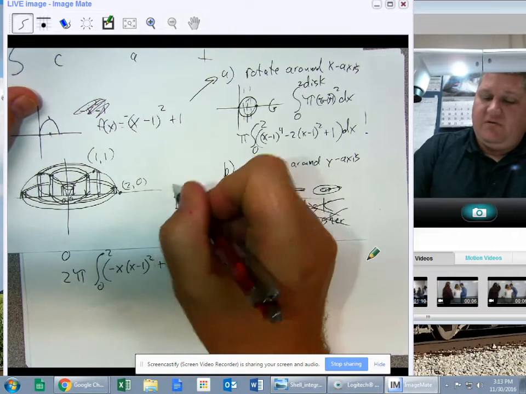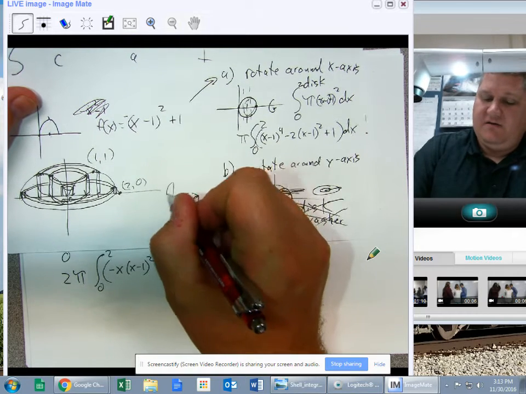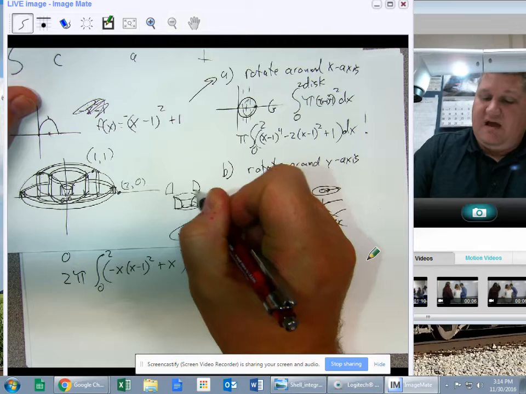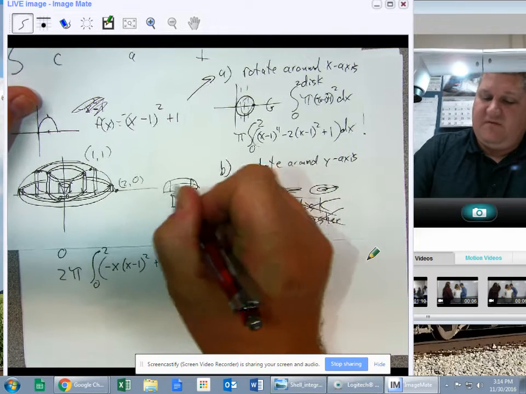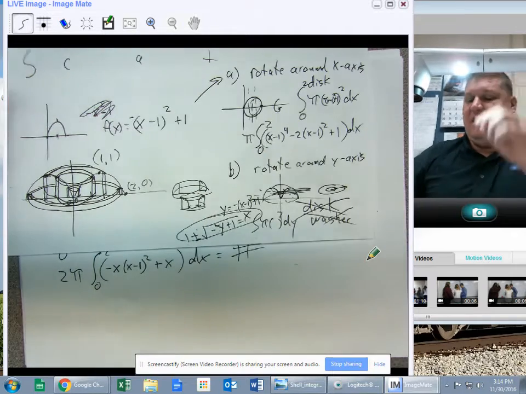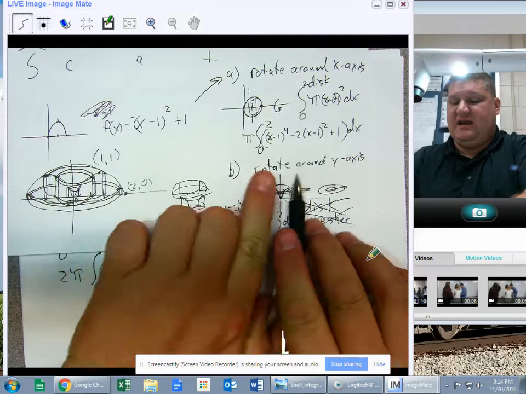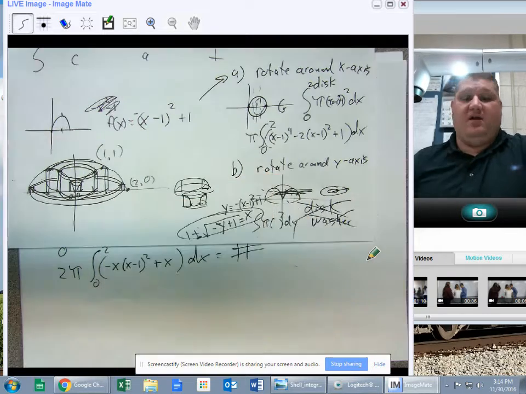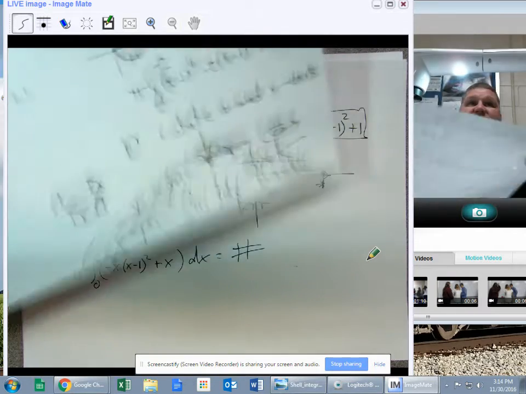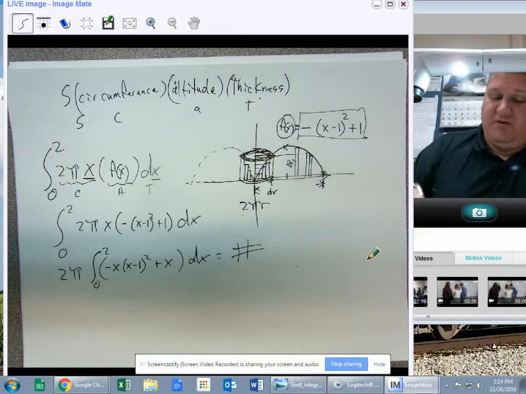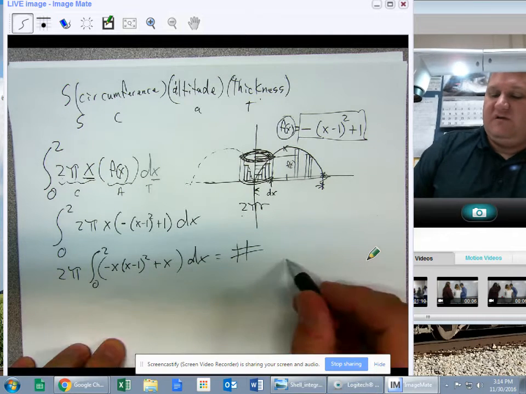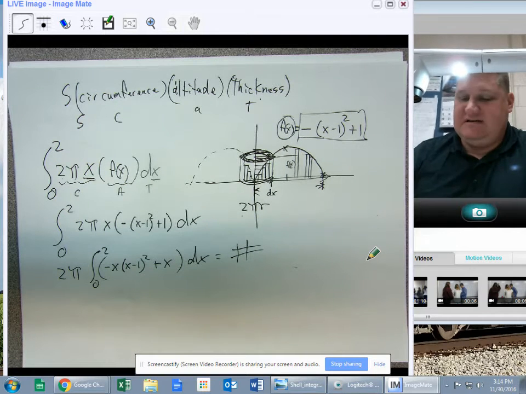And then you'd have to go around and find this shape, because that would be the only way to stop it from not being a function. So you'd have to break it up here and there. But in either case, not very fun, not very pleasant. So using cylindrical shells, much, much nicer.